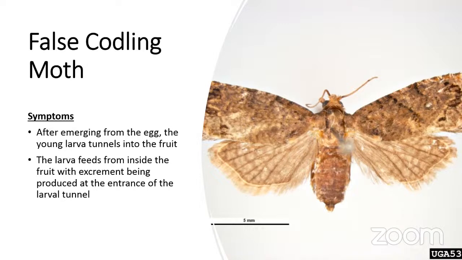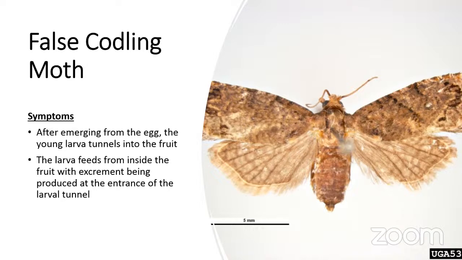And sometimes the symptoms for the false codling moth and the fruit fly are actually very confusing. But one thing which you have to look for is that in the fruit fly, once it punctures the fruit, there will be some sap which will be coming out, and eventually it will dry.